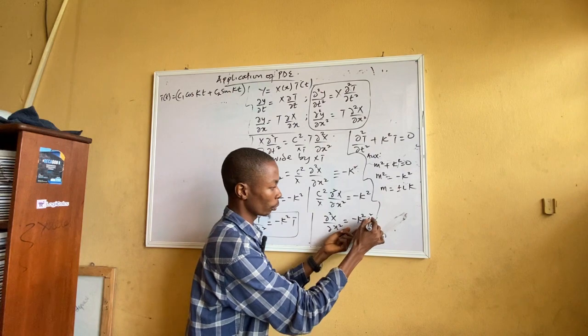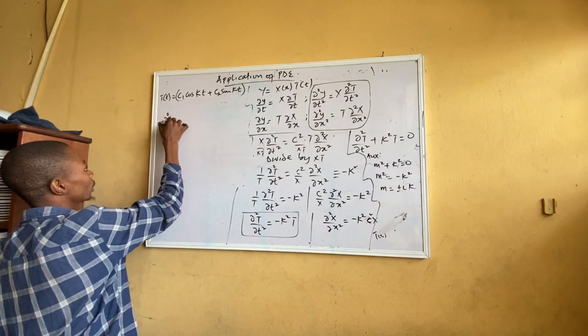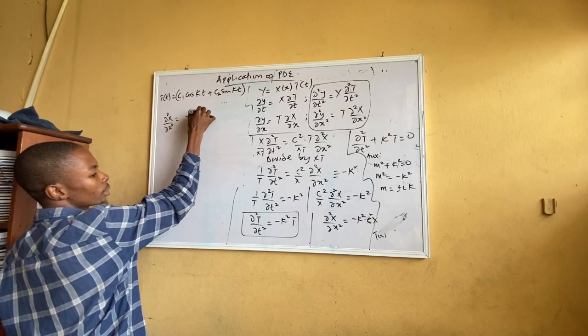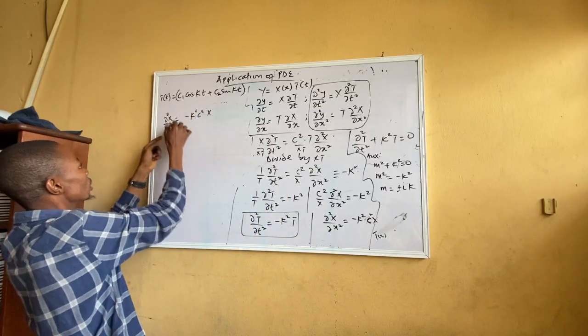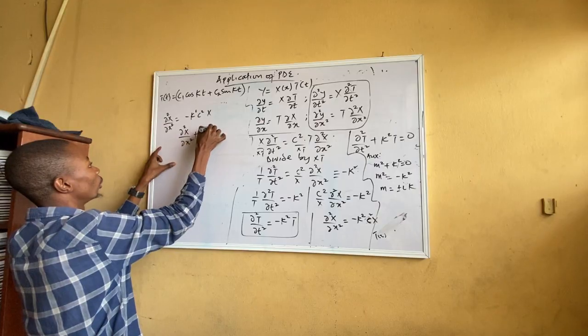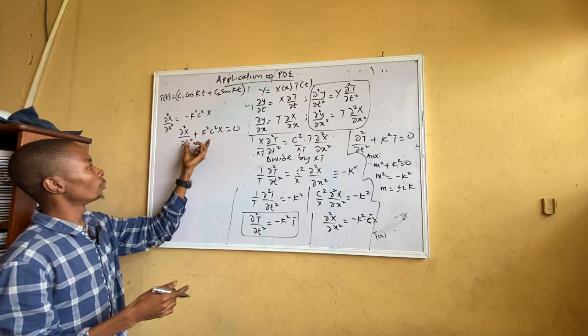Then you solve this as well. If we are solving the square x, the x square equals to minus k square c square, don't forget, c is the speed of the wave, all right? Now bring all of them to this side. We are going to have the square x, the x square plus k square c square x equals to 0, right? Now what is the auxiliary equation of this one?